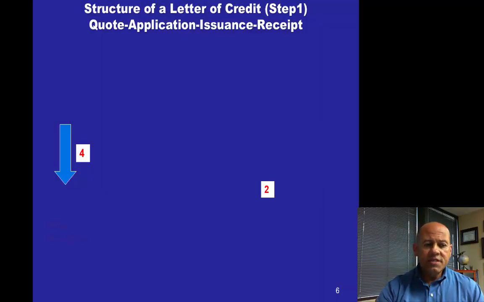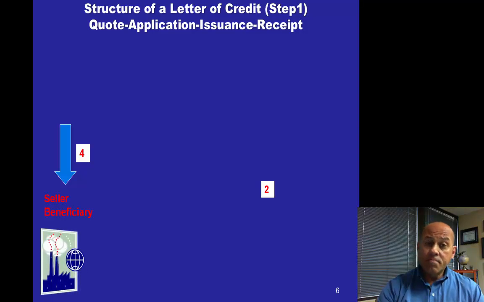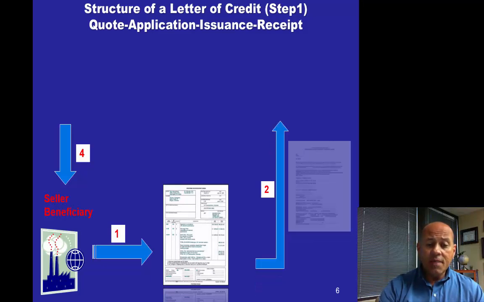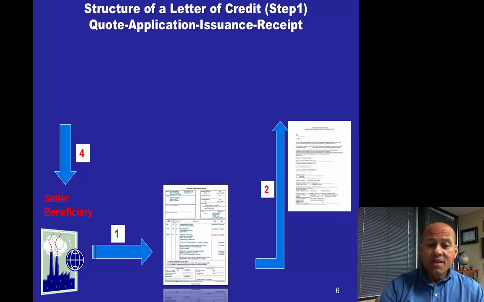So looking at the basic structure of a letter of credit, you have a seller and a beneficiary. Basically, the international buyer is going to produce an application. That application will result in generating that letter of credit. Now, that letter of credit issued by that bank is going to be issued based on two basic conditions.